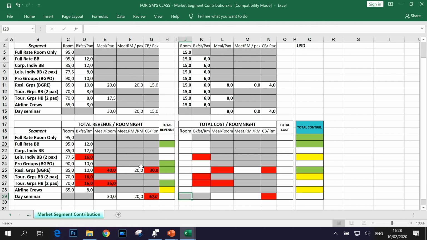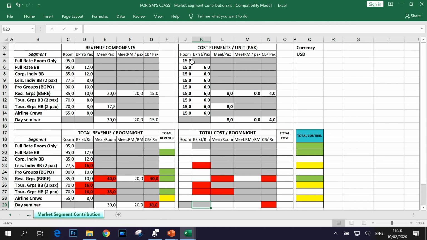Okay. Now let's move on to total cost. Total cost of the room should be the same here, so no change, $15. Breakfast cost was $6 per person, which means for single occupancy it's all 6. But if it is a double occupancy like a leisure individual bed and breakfast, it should go up to 12 instead of 6.